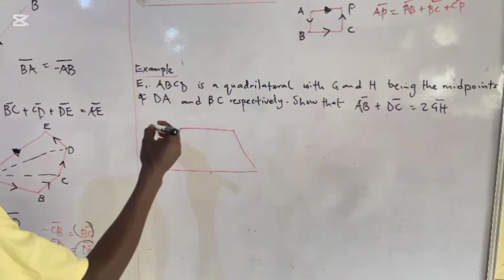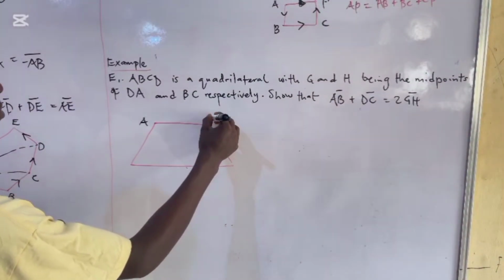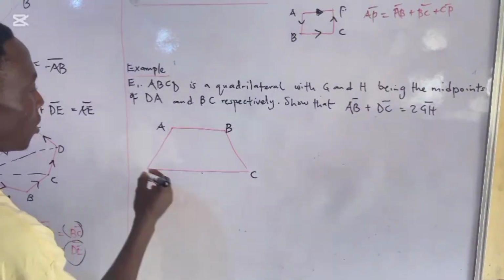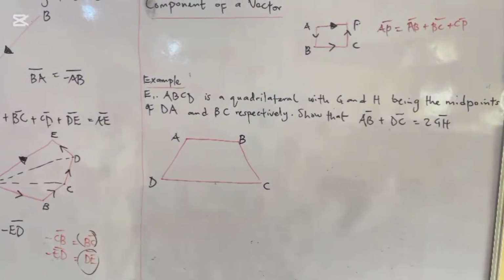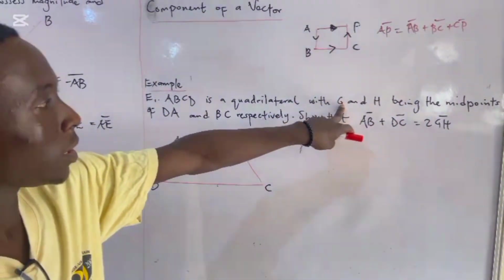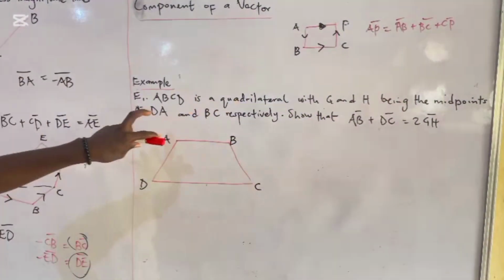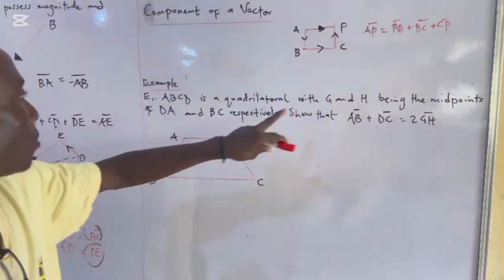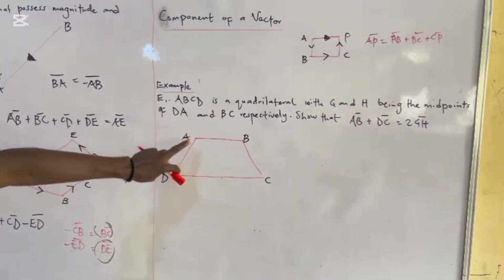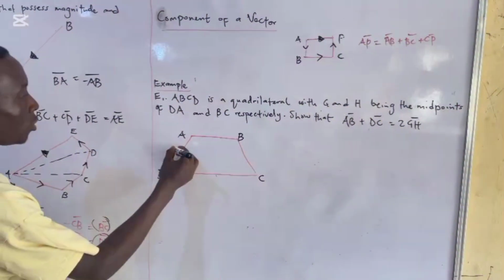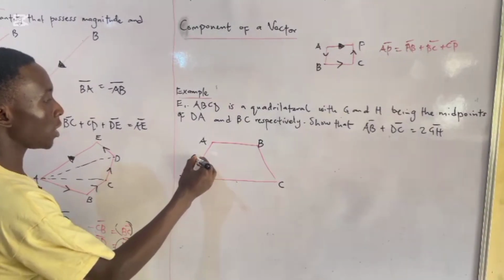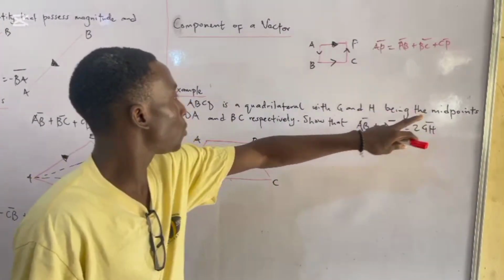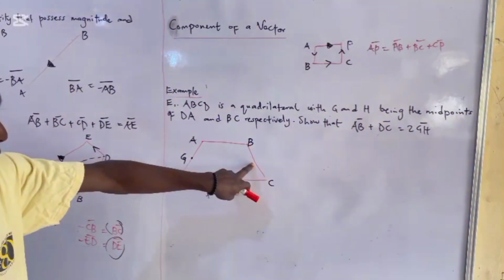Let's do that. You have A, B, C, D. Okay. Now, it said G is the midpoint of DA. That means you have G around here. That's the midpoint here. Then H being the midpoint of BC. That means we have H here.